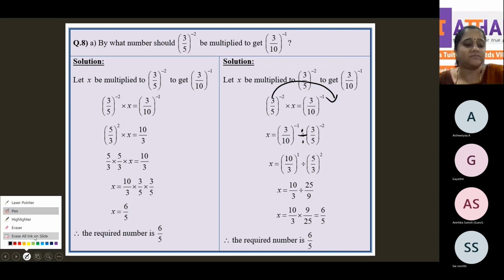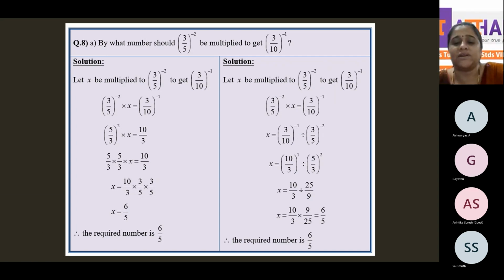Then what have I done? I've written the equivalent of this. So again, see children, there are different ways. You can simplify in so many ways. What I've done here is, the power is negative, so I've made it positive. So 3 by 5 to the power minus 2, equivalent is 5 by 3 to the power 2.